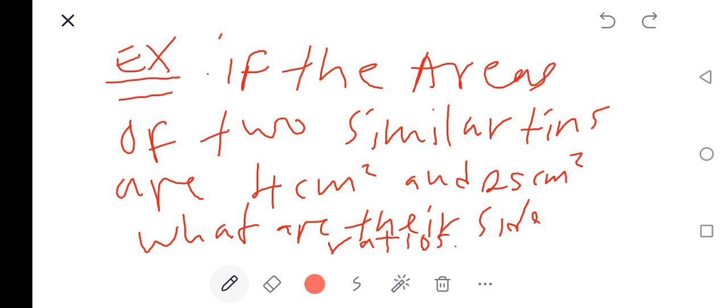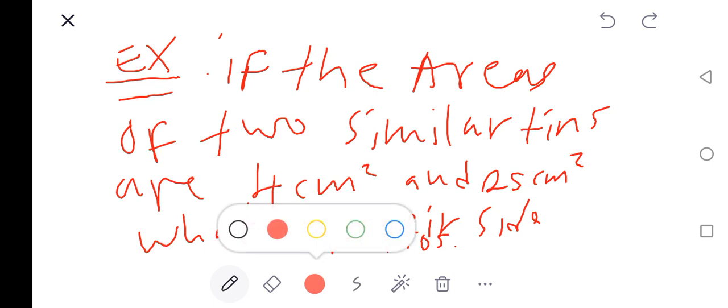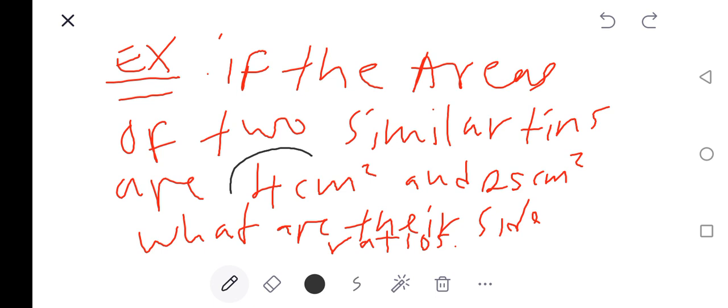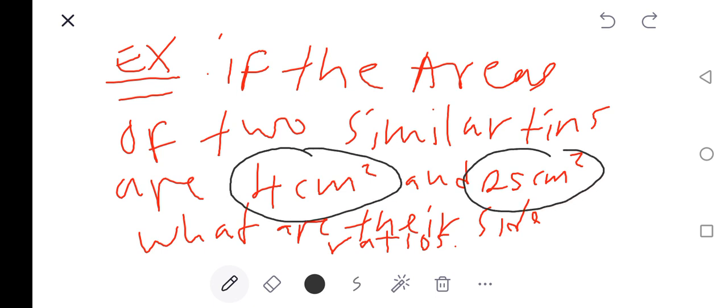So I will make you understand, Madam Selina, from the examples. This question has area. What you should know about similarities is that it deals with objects, area of objects, volume of objects, size of objects, height of objects.